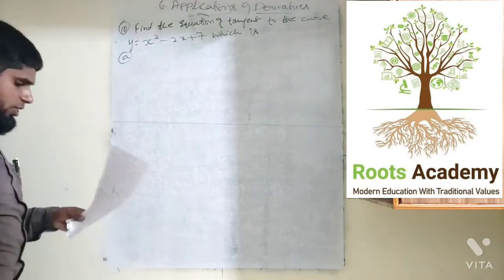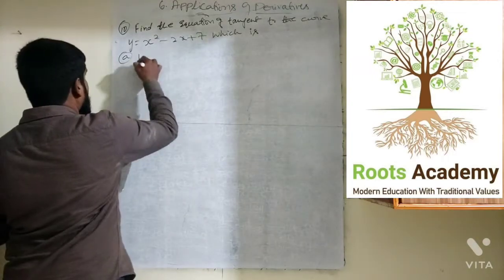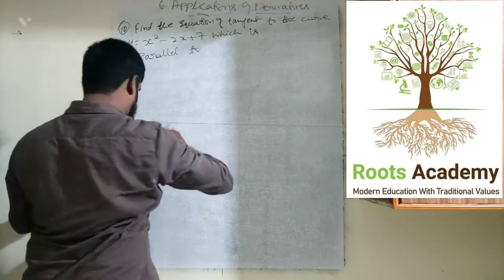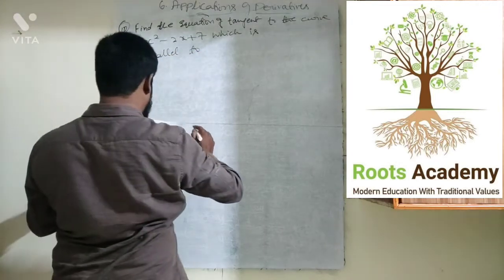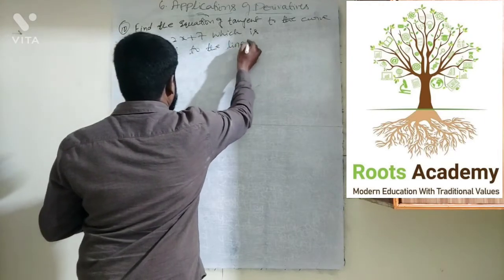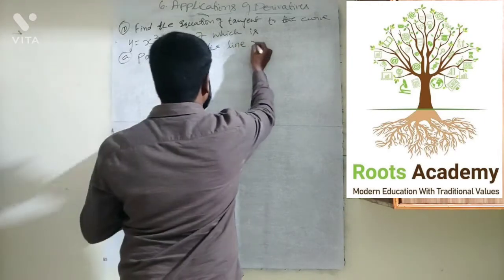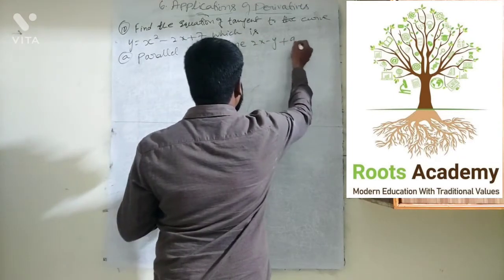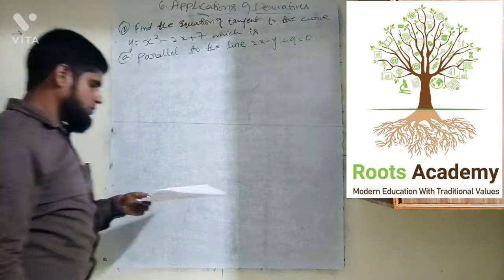The first condition is that it is parallel to the line 2x minus y plus 9 is equal to 0.